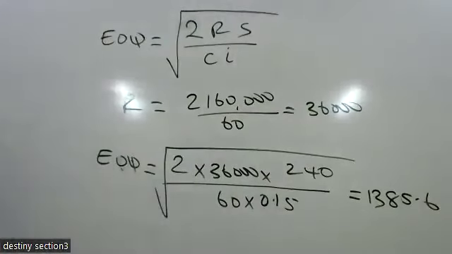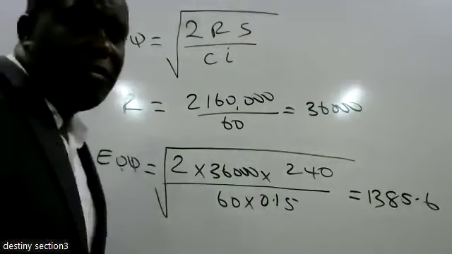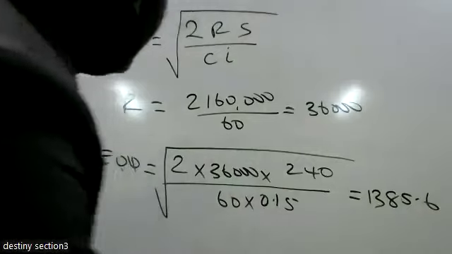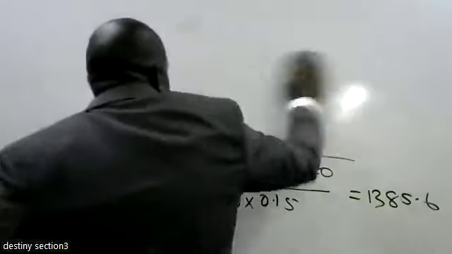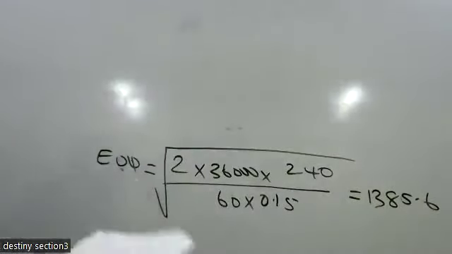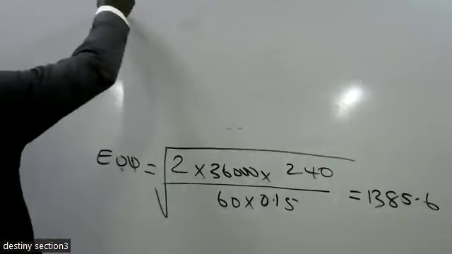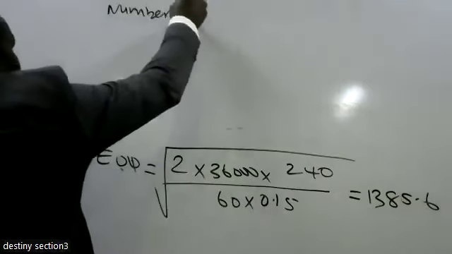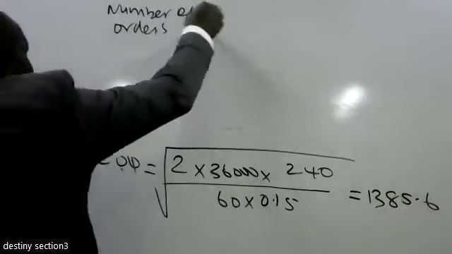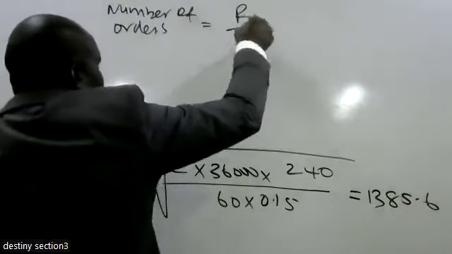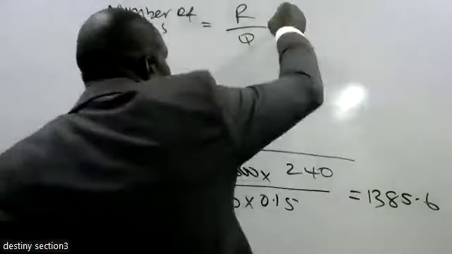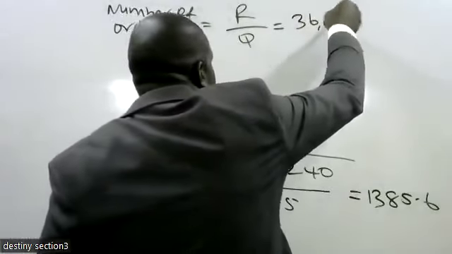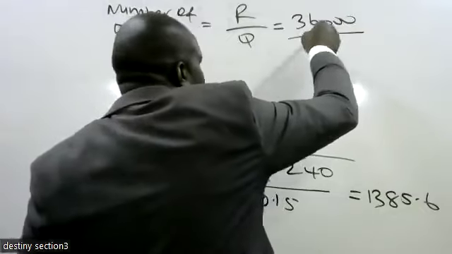To calculate the number of orders, it is given by R over Q. So you simply take R divided by Q. R is 36,000 and Q is 13,856.